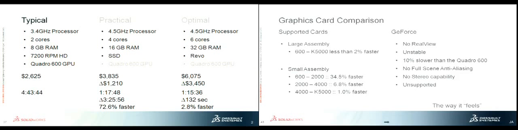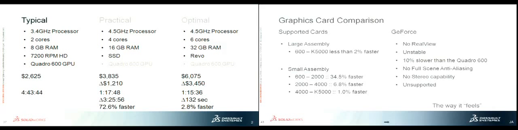But that's part of the reason that we stop here and talk about this for a little bit, because with these numbers, the way they look right now, there is a case that could be made for making the 4000 the practical card to buy. We chose the 2000, okay? We chose the 2000 as the practical card in this case.